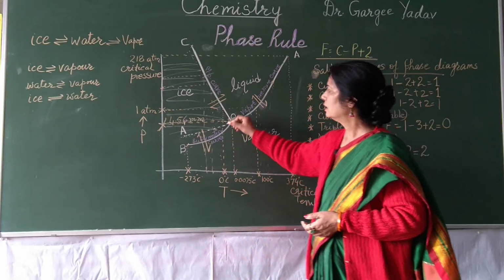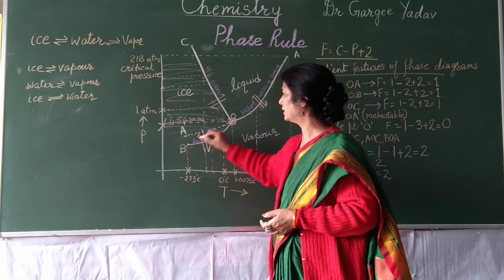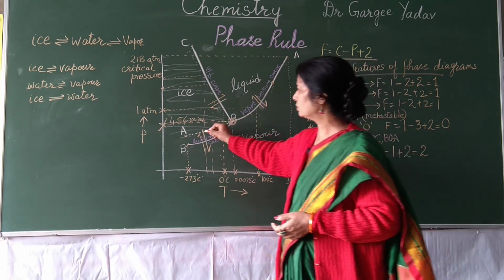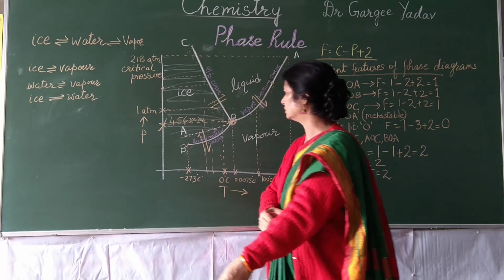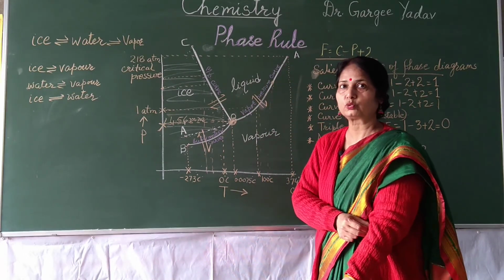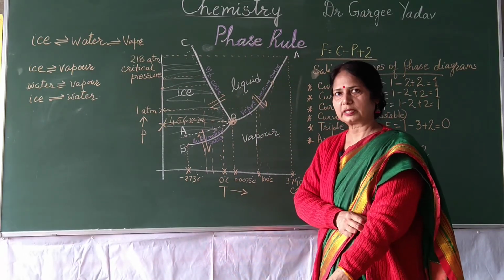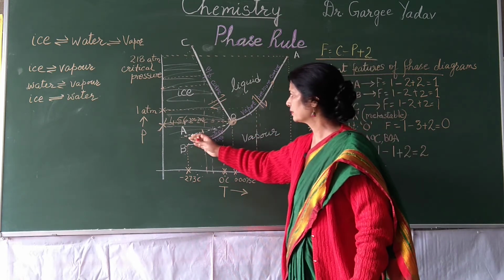And there is one metastable curve given by OA dash, which is actually the supercooled liquid along with its vapor, and by very careful cooling of the liquid we can attain this curve.